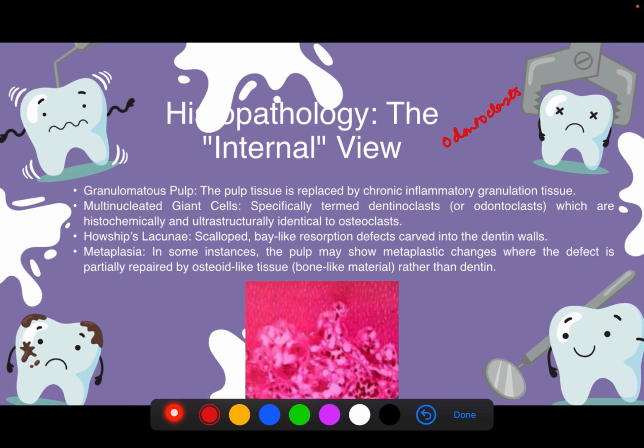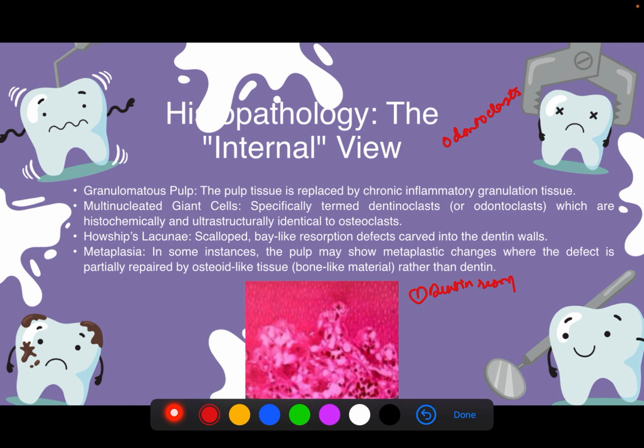What is an odontoclast? It is a dentine resorption cell similar to osteoclasts, but they are not osteoclasts. They are dentine resorbing cells. Then there is granulation tissue formation. The first step is dentine reabsorption.